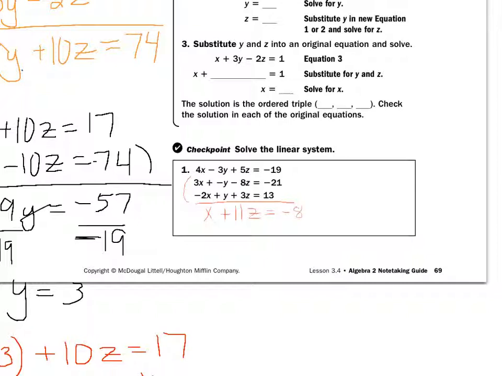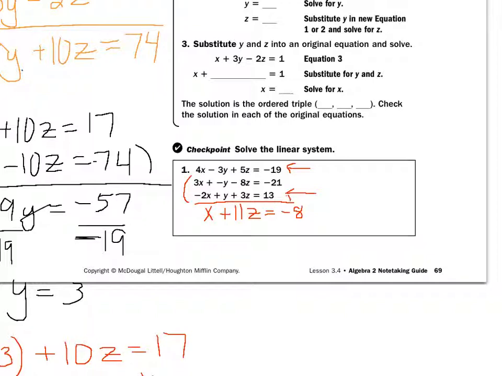And then take these two equations, multiply this one by 2. No, you don't want to do that because that would get rid of the x. You need to get rid of the same variable that you got rid of the first time.